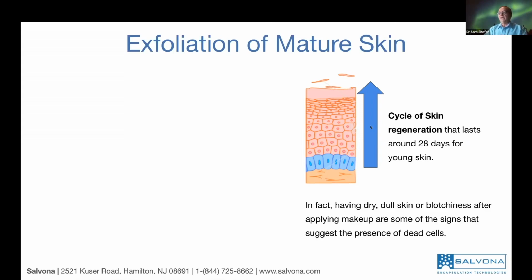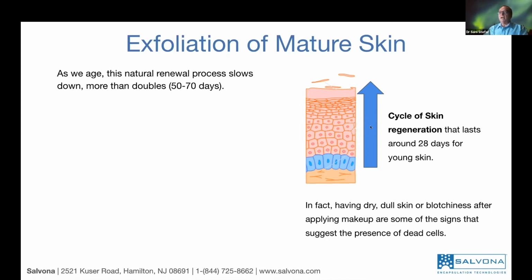What's happening when we get older? When we get older, the cycle becomes longer, twice or maybe 3 times longer. So it takes a long time in order to get a new surface. And so we need the exfoliation to remove the buildup of that skin.